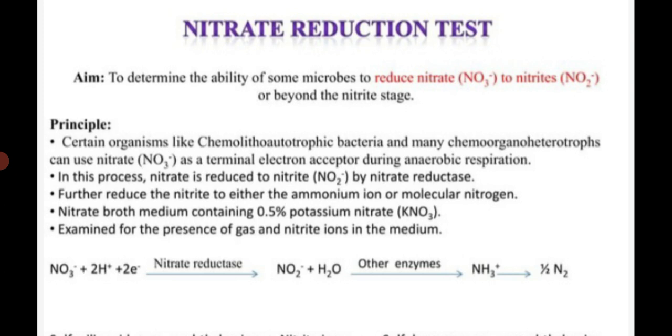The reaction for this test: nitrate, in the presence of hydrogen and electrons, by the action of the nitrate reductase enzyme, gets converted into nitrite, that is NO2, and further this nitrite gets converted into ammonia or molecular nitrogen.